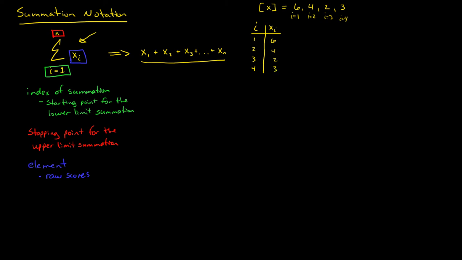So let's write this out long form. It might look something like this. Sigma, index of summation i equals 1 through 4 of the raw scores equals 6 plus 4 plus 2 plus 3. 6 plus 4 is 10. 10 plus 2 is 12. 12 plus 3 equals 15.